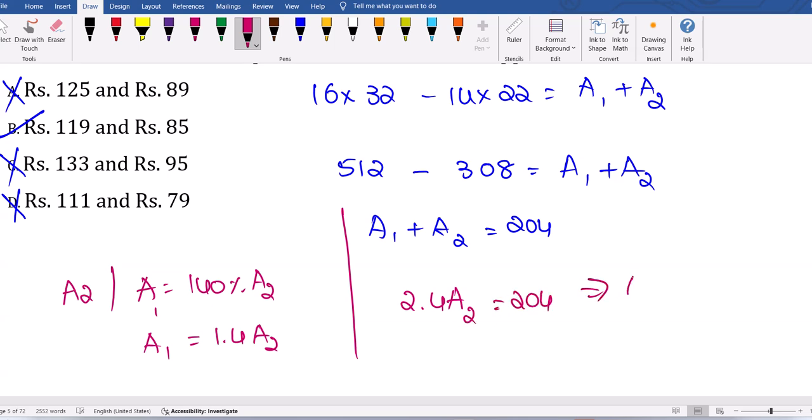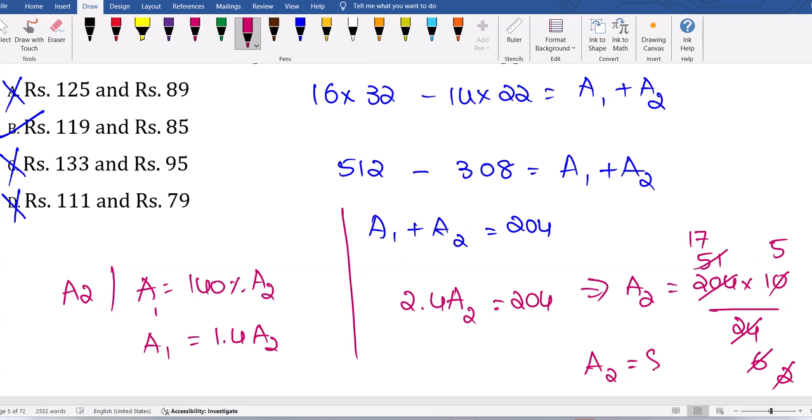So A2 is 204 into 10 divided by 24, which is 85.